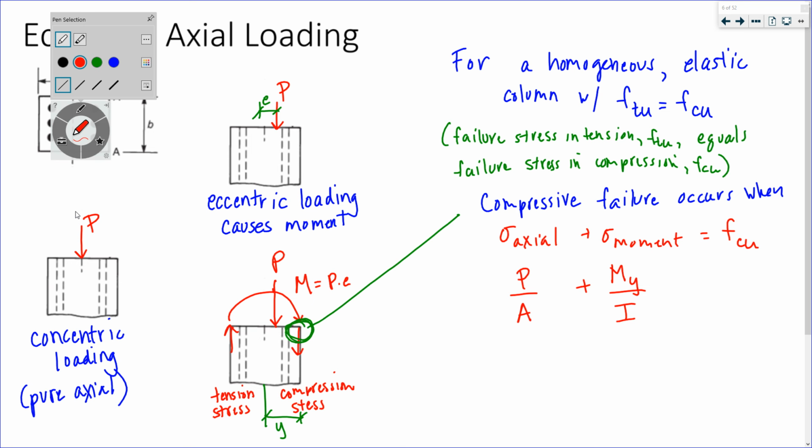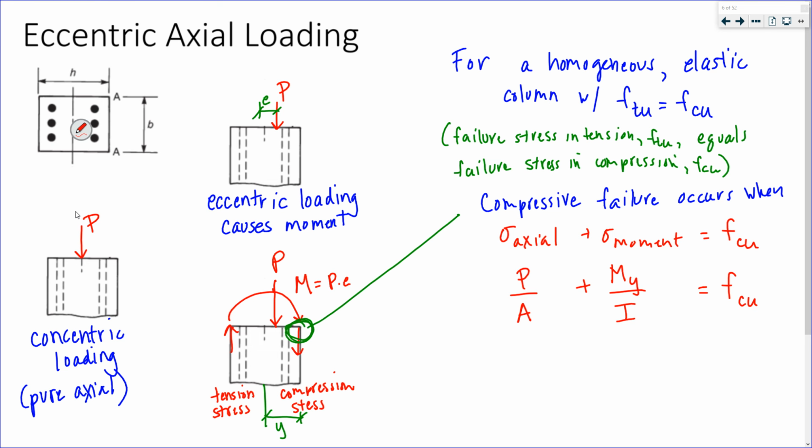And that's going to be equal to FCU. If I divide both sides by FCU, P over FCUA plus MY. Y is not a subscript.